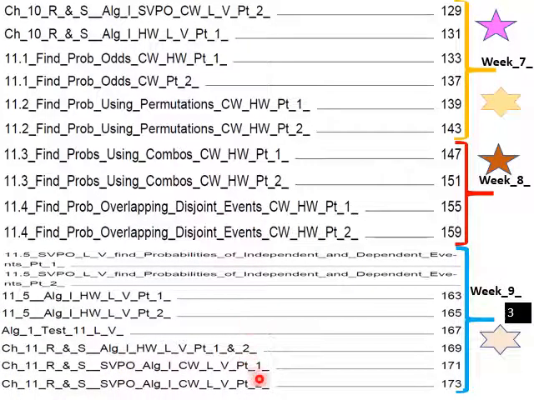And then week 9, we have a test. Again, for chapter 11, we have the Algebra 1 test for chapter 11. And that is after we do a review and summary of chapter 11, part 1 and 2, and then we have a classwork for chapter 11 review and summary.